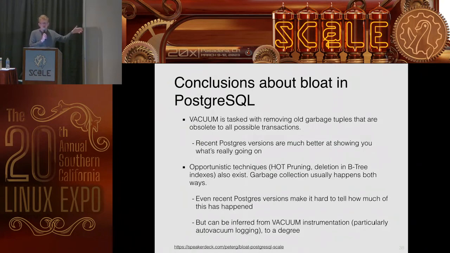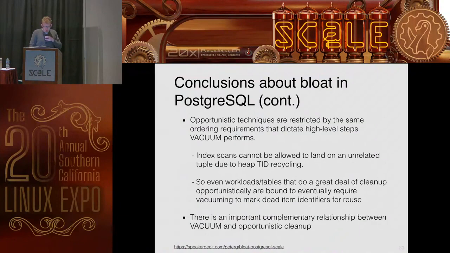Like, if you notice that there's hardly any tuples removed in the autovacuum log or vacuum verbose, but you do see a bunch of dead item identifiers that got there somehow. You didn't do pruning that put them there, but somebody did. Stands to reason that those were from opportunistic operations, which could indeed be, like I said, doing a great deal of the heavy lifting for you.